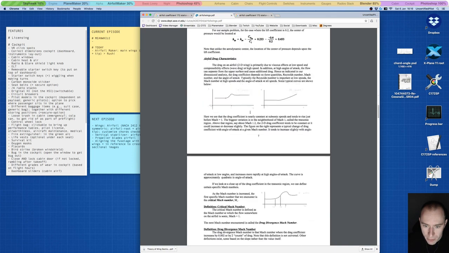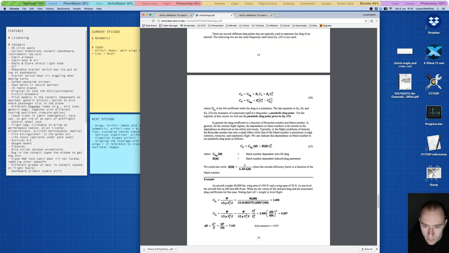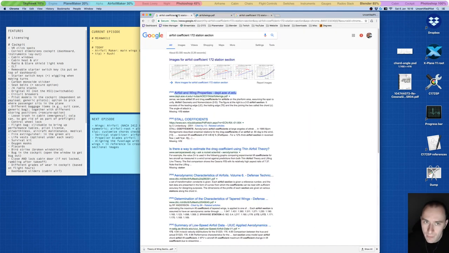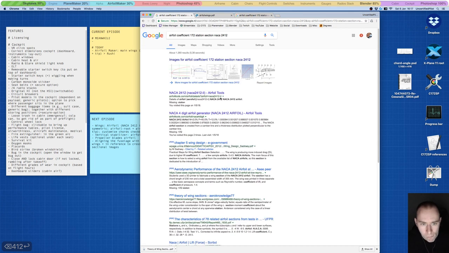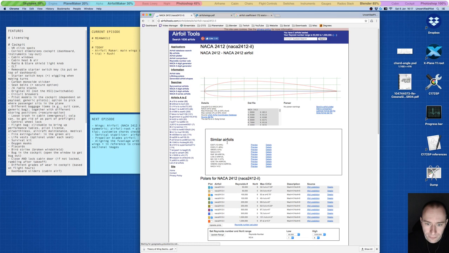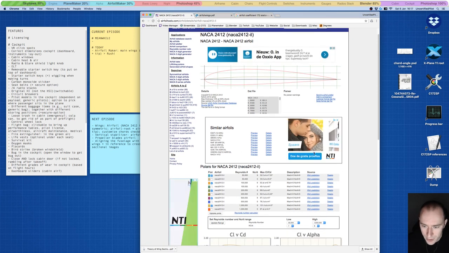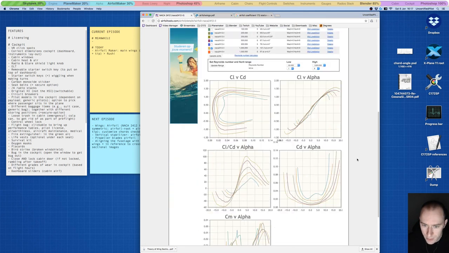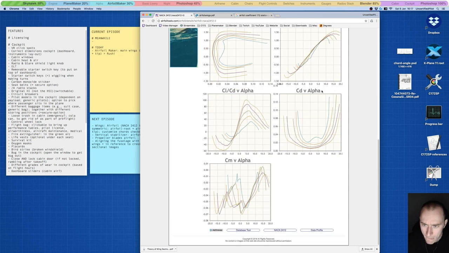This is just a general explanation. You would expect to look. It's also not in a manual. Let's also use... Oh my gosh, NACA 2412. Airfoil Tools. Yeah, this one we already have seen.